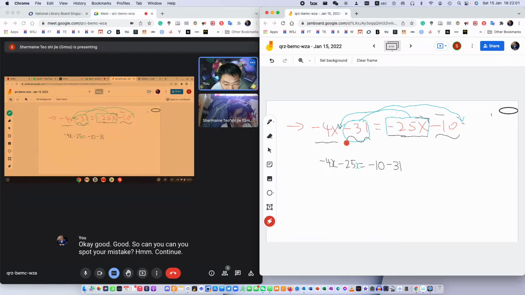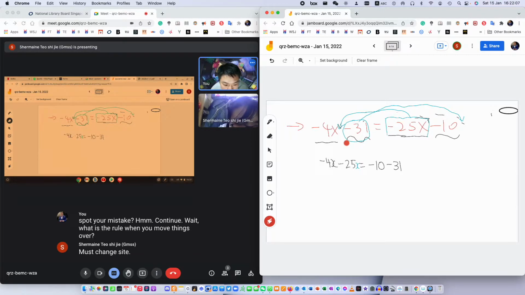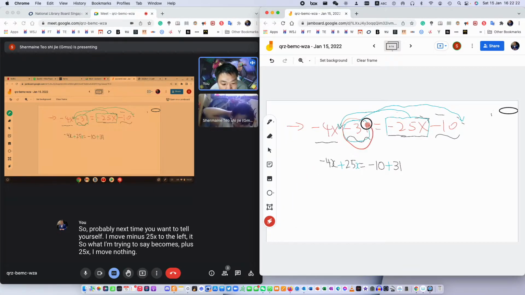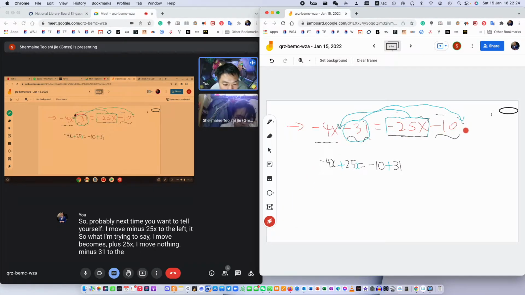Wait, what is the rule when you move things over? Must change sign. So next time you want to tell yourself, I move minus 25x to the left, it becomes plus 25x. I move minus 31 to the right, so it becomes plus 31.